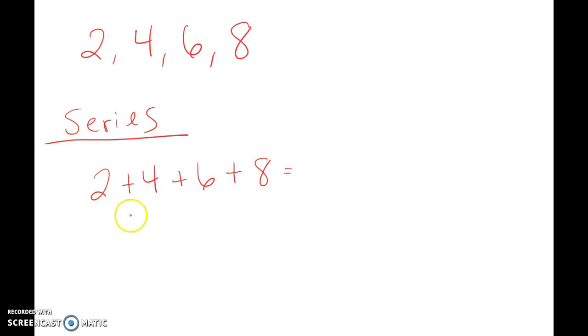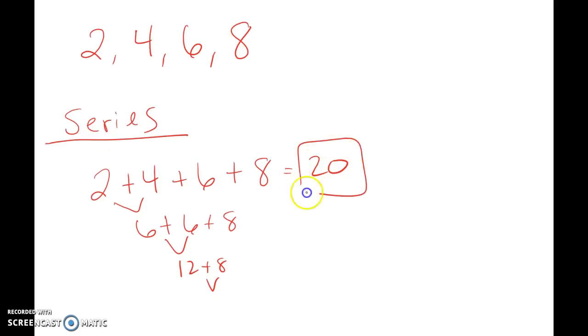So I have, let's see, this is 6 plus 8, 12 plus 8, okay. So I have 20. So for this finite sequence, I have that the series is 20. I added up each of the terms. And so that's what we're going to be doing.